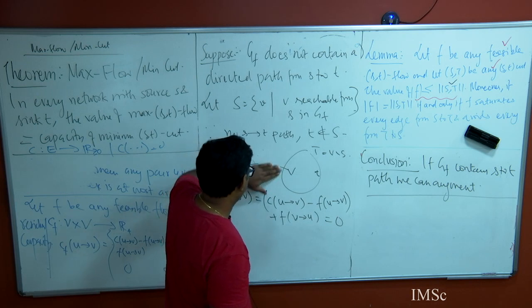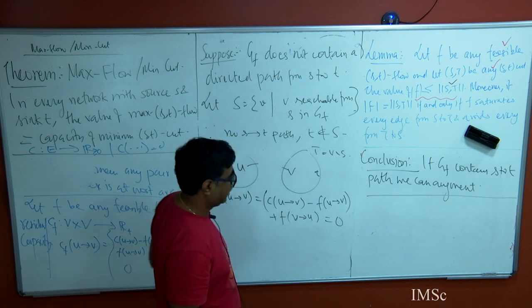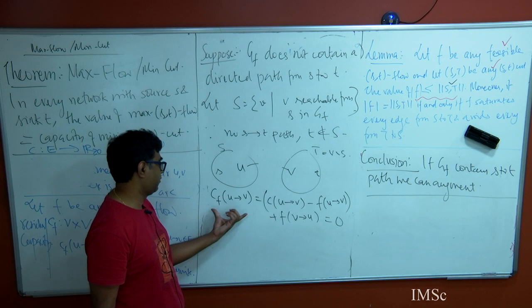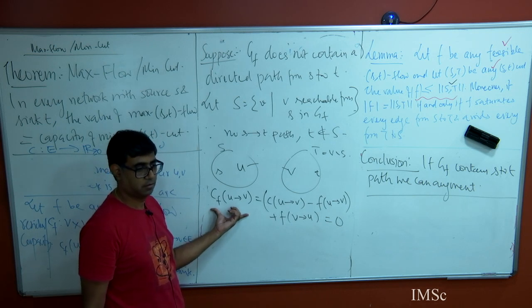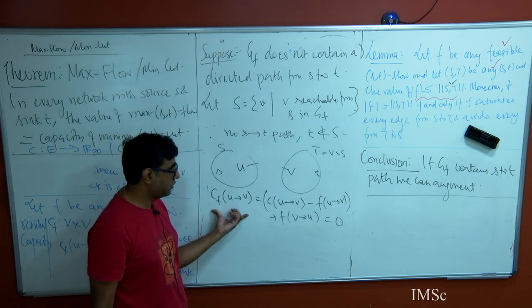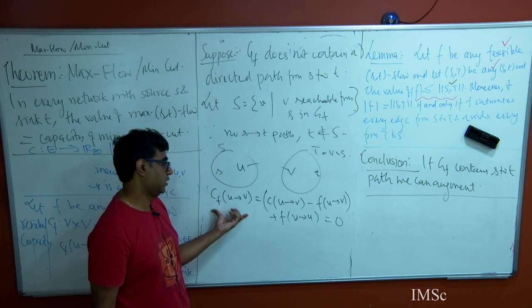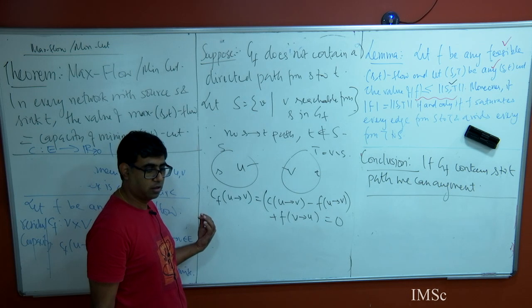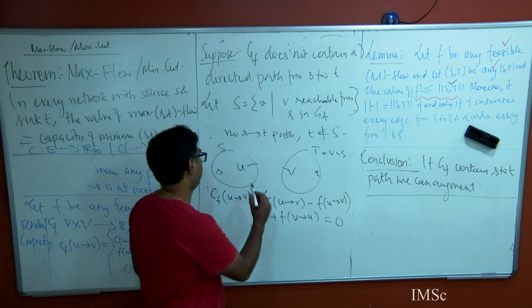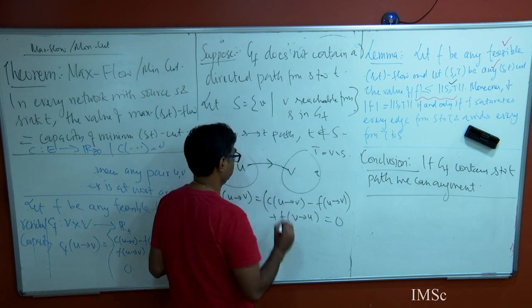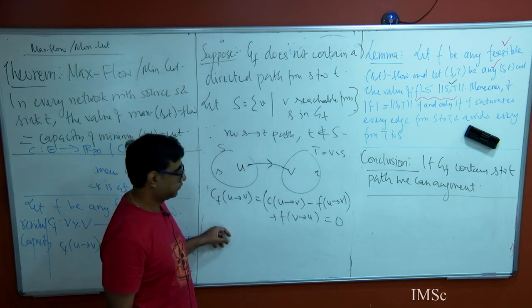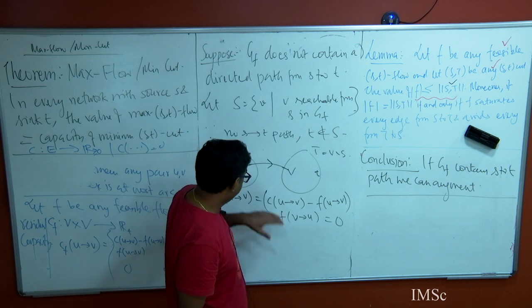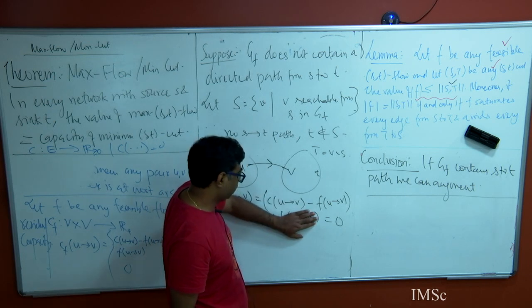What I am saying is, U is here, V is here. Now for any U and any V, I want to write what is the residual capacity of (U, V). It depends: backward arc, right? So suppose there is a forward arc, then this is true.